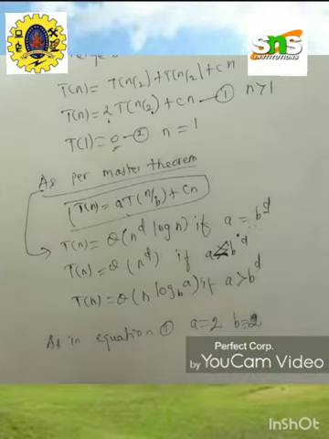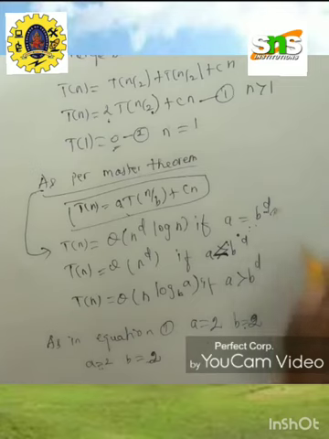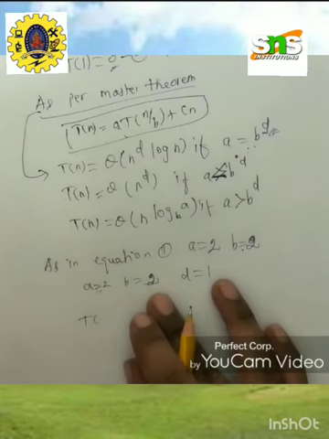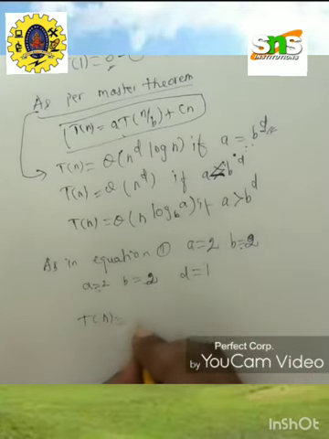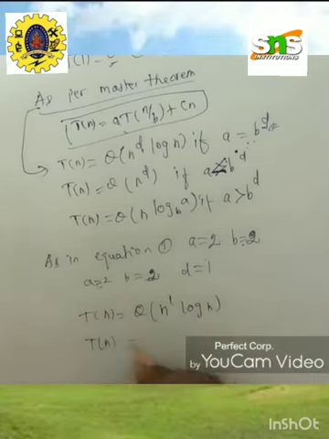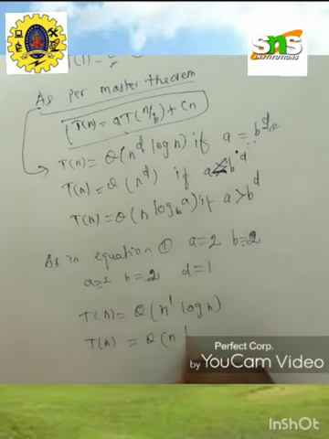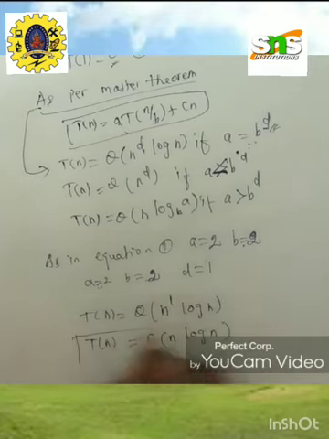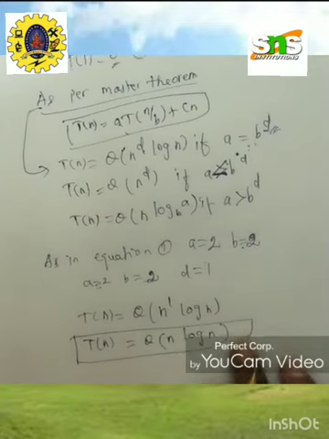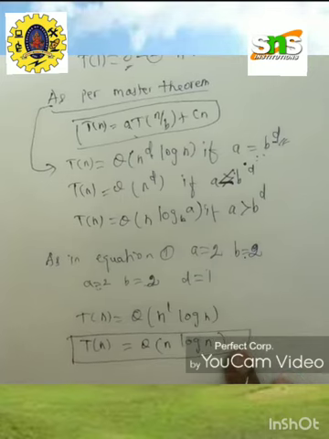The first one: a and b are equal. What is the d value here? d is equal to 1. So apply T of n equal to theta of n power 1 log n. The time complexity of merge sort as per the master theorem is theta of n log n. This is a direct method to obtain the time complexity for a divide and conquer methodology.